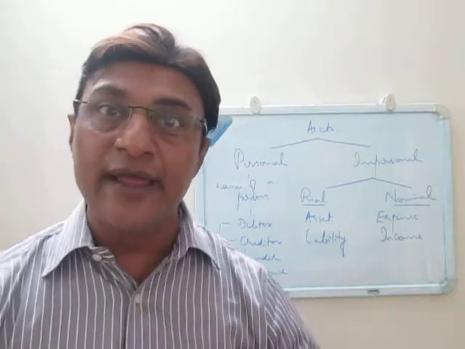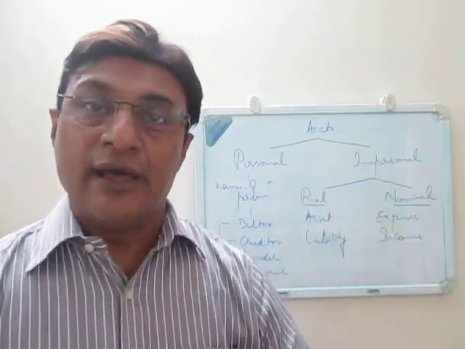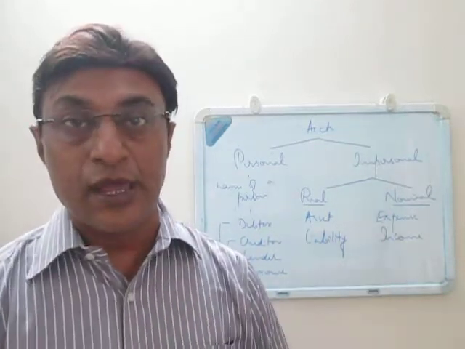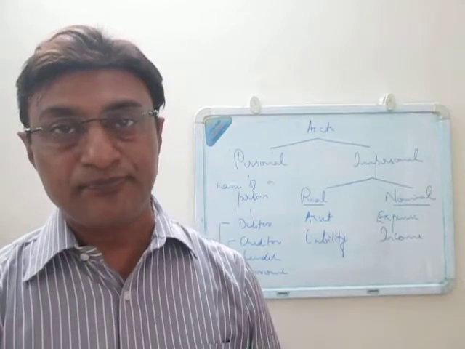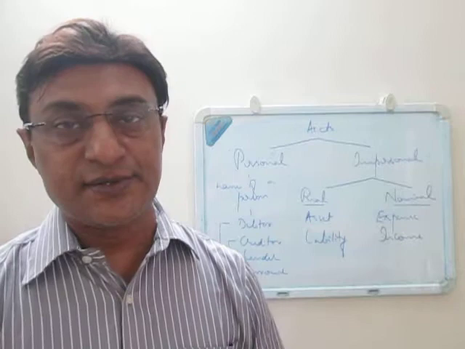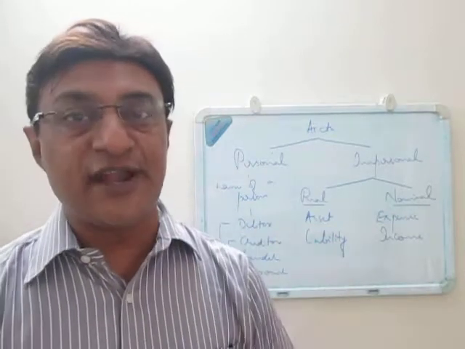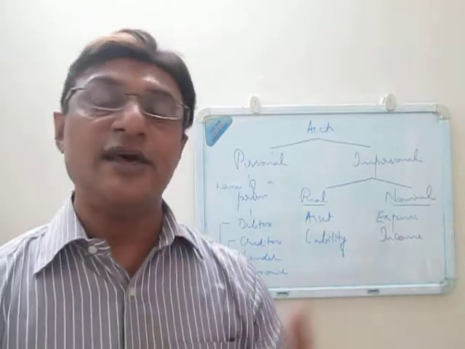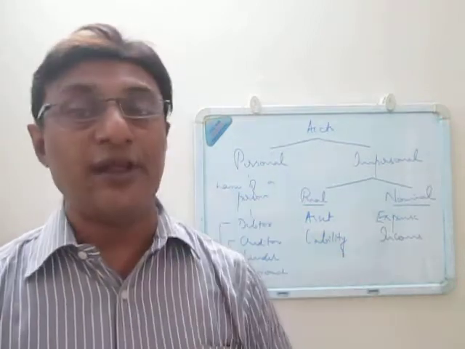So now we are building our accounting study into the 6 other aspects. Money measurement, accrual, dual aspect, cash versus credit, personal account, real account, nominal account.